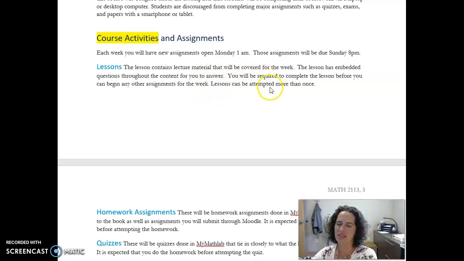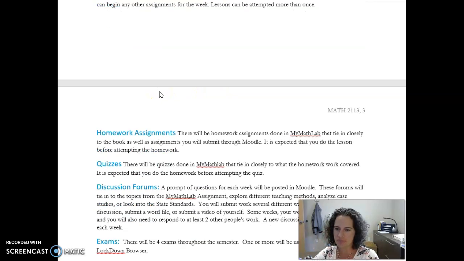You are going to be required to complete the lesson before you can start any other assignments for the week. You can go back and do those lessons multiple times, and they are still going to be available to you whenever you're studying for the test or the final exam. You can always go back to those lessons. Like I said, that's just the lecture material for the class.